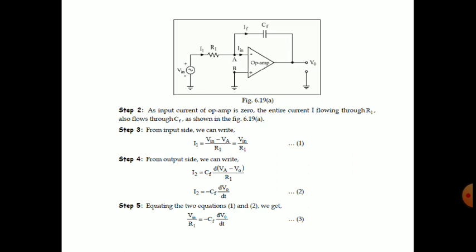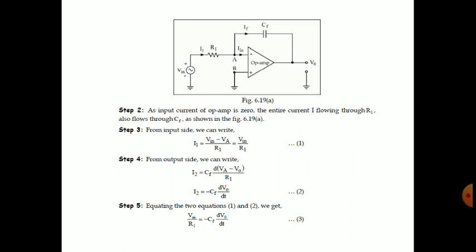Now see step 3. From the input side we can write I1 is equal to (V input minus VA) by R1, where we know VA is equal to 0 because of the virtual ground concept. So we have V input by R1.